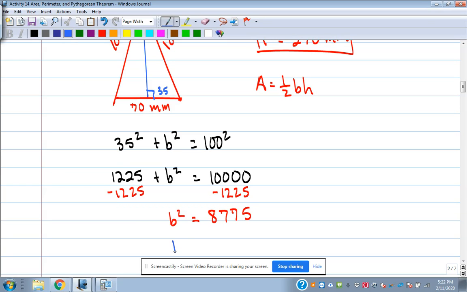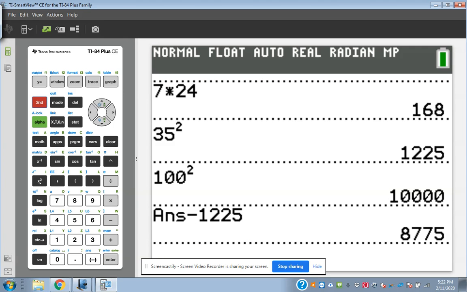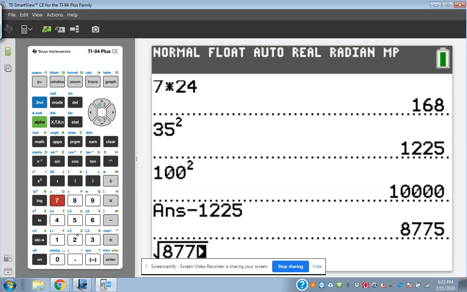Take the square root. Square root of 8,775.